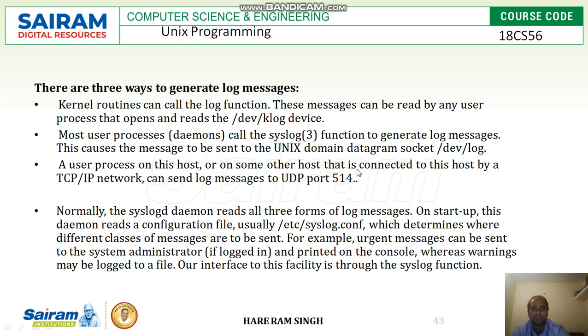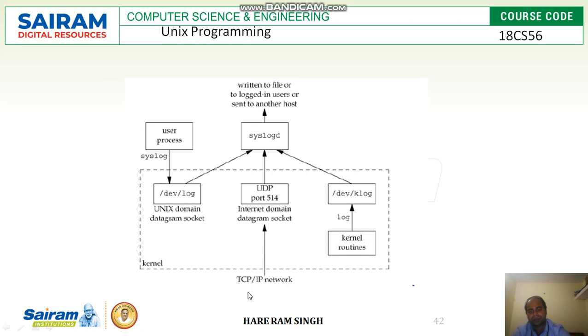Next is a user process on this host or on some other host that is connected to this host by a TCP IP network, which can send log messages to UDP port 514.